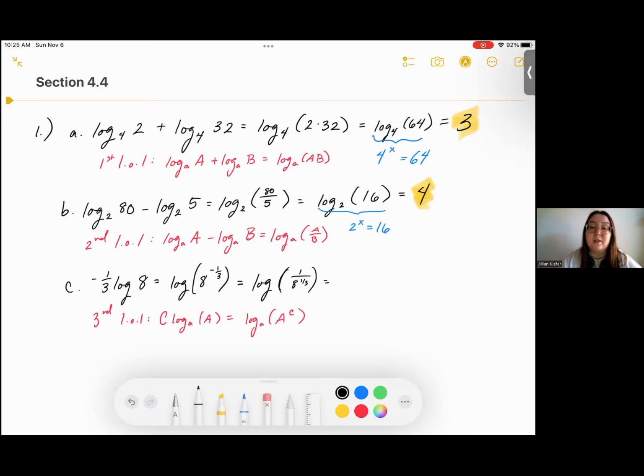All right, so we have log of 1 over 8 to the power of 1/3. The power of 1/3 also indicates a root problem instead of an exponent. Well, it's still an exponent, but you can rewrite it as a root instead.